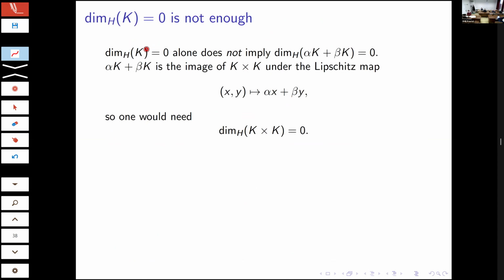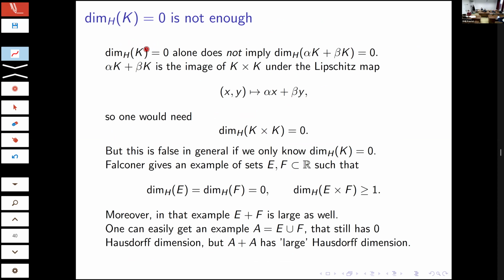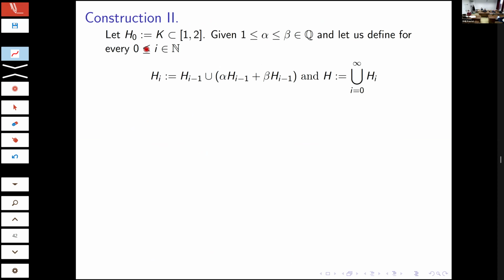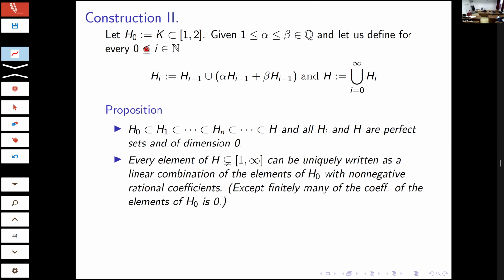Yes. So I take H0 like this, and then recursively I define HI. I take the previous one plus this sum. And then finally I take the union of all of them. It has some very nice properties.